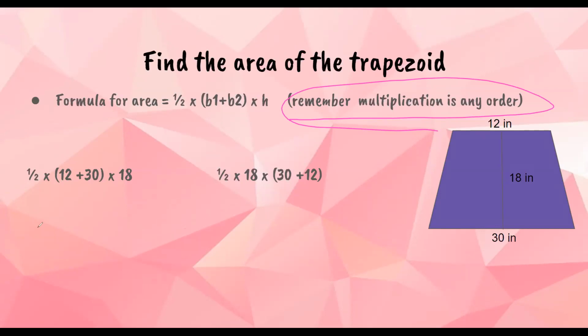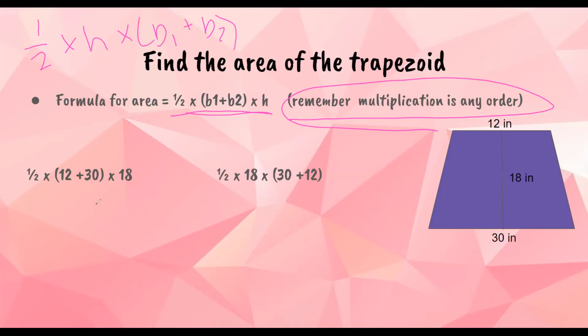So I wrote the formula right here that we're going to use. It's 1/2 times base 1 plus base 2 times height. In the last slide, it was 1/2 times height times base 1 plus base 2. I'm showing you this to say, as long as you're multiplying the correct things together, you should get the same answer.